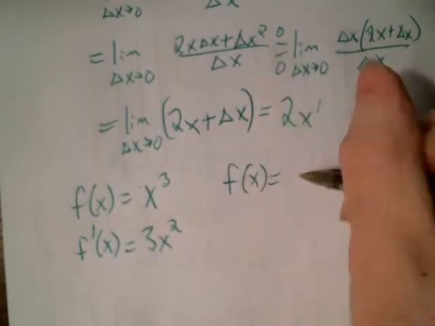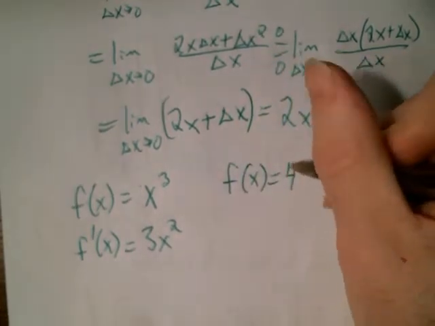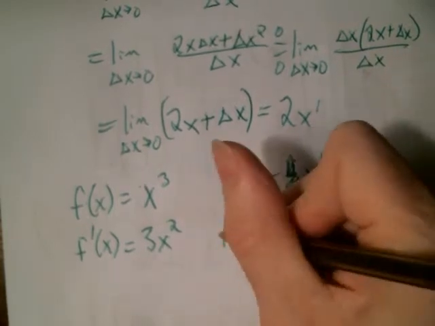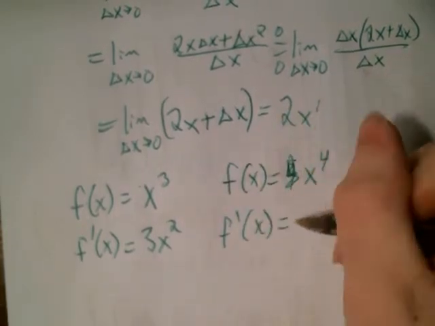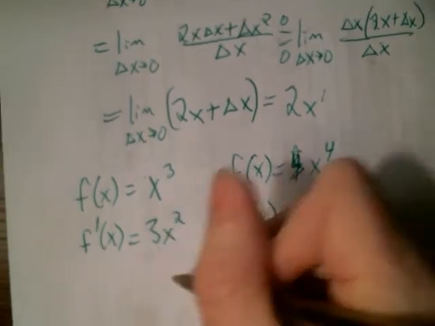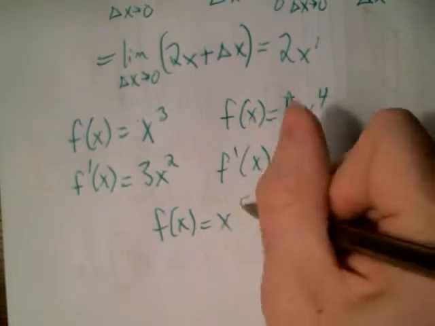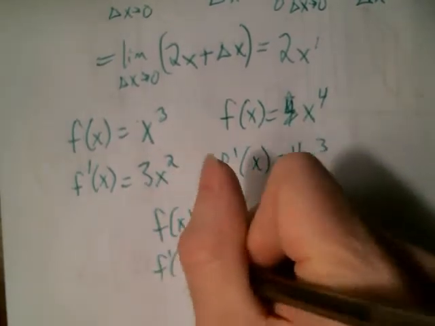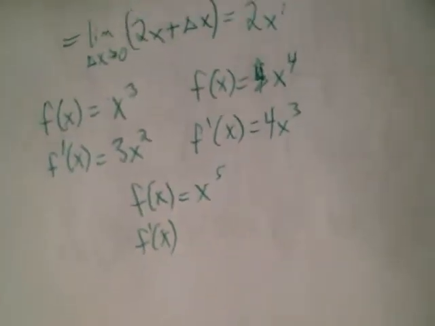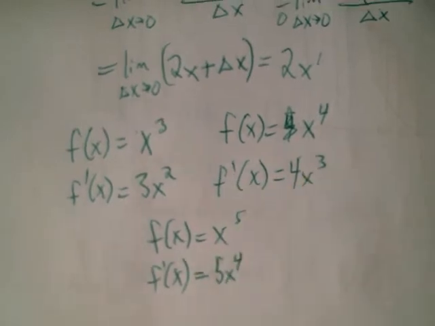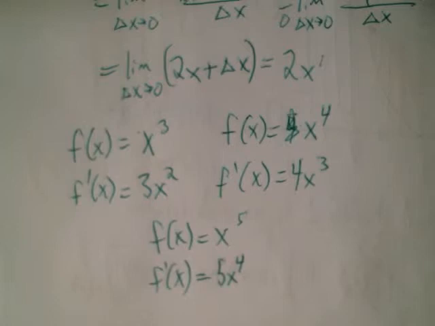If f of x equaled x to the 4th, then its derivative is 4x cubed. If f of x equaled x to the 5th, and you went through this limit definition thing, you would get f prime of x equals 5x to the 4th. Okay? So you kind of see a pattern.